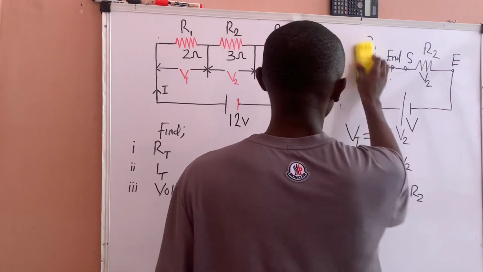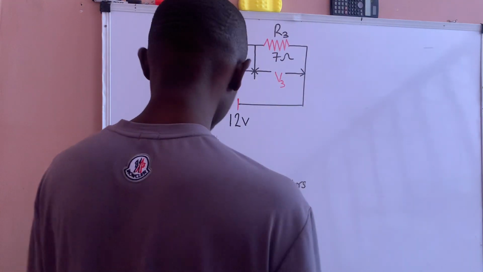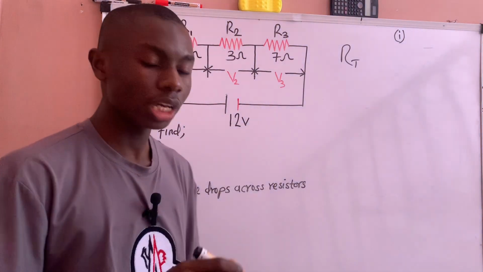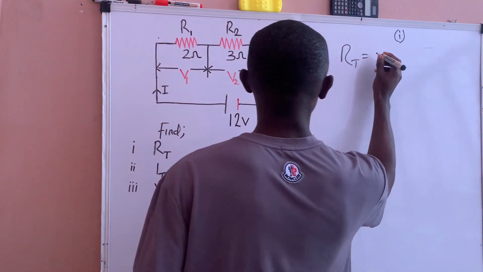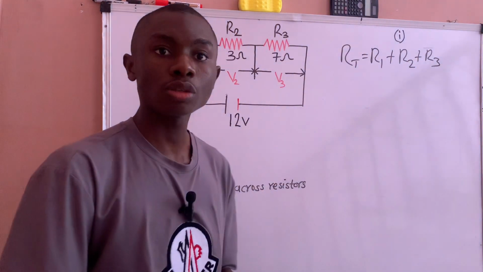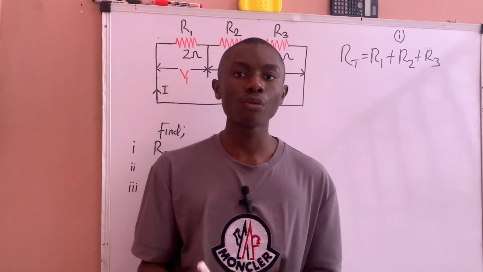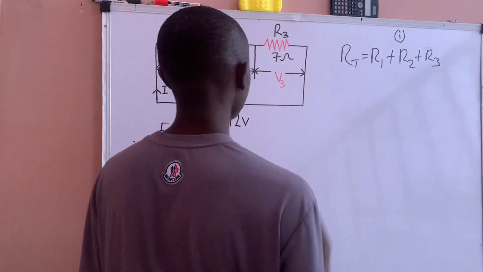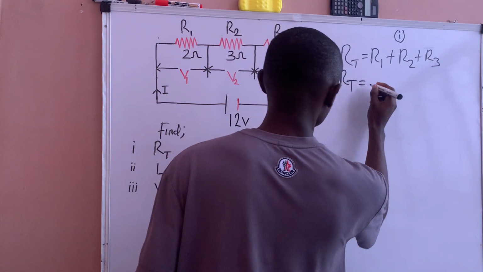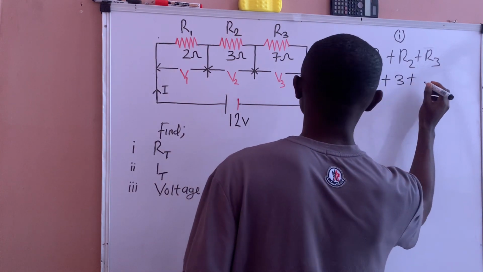So let's solve it. The total resistance, RT, will be the sum of the individual resistors, which means resistor R1, plus resistor R2, and resistor R3. This is the fourth property or behavior of a series circuit: the total resistance is equal to the sum of the individual resistors. So the total resistance will be R1, which is 2 ohms, plus R2, which is 3 ohms, plus R3, which is 7 ohms.